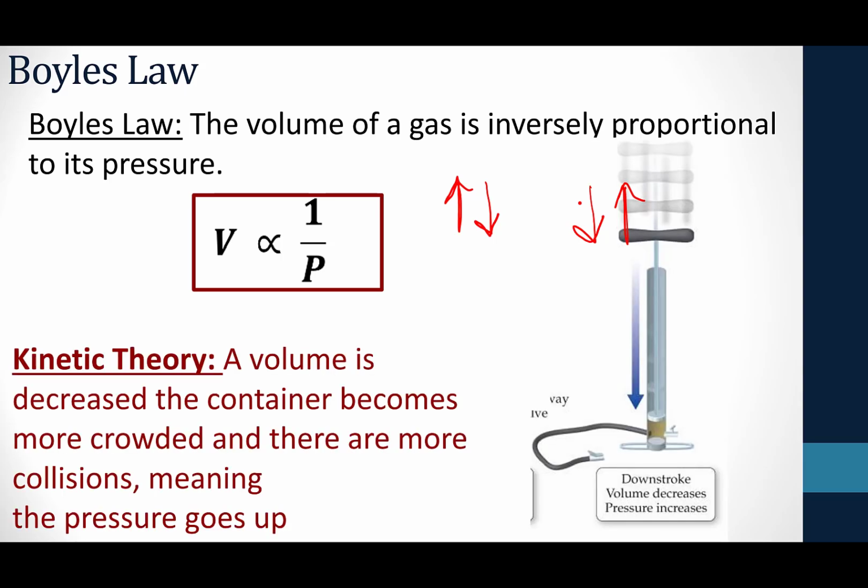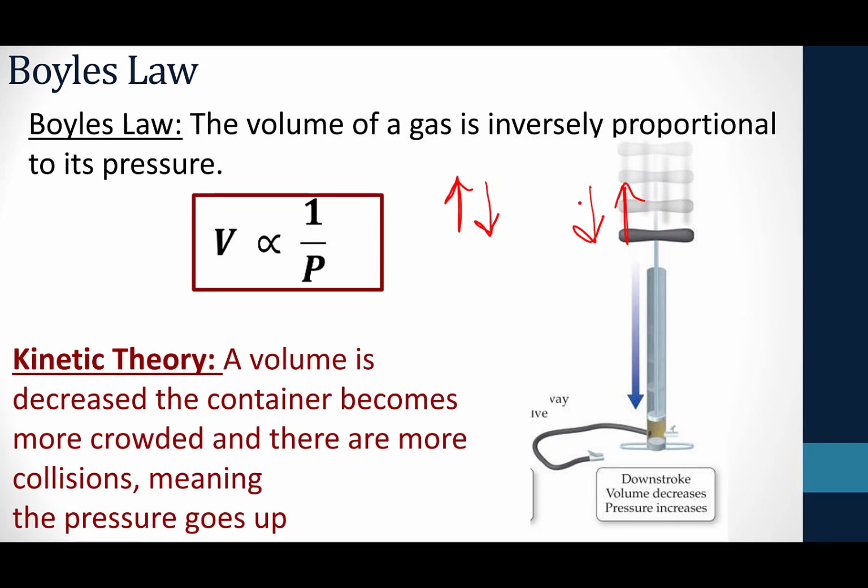Okay? So why? Remember I said I like to put the kinetic molecular theory towards the beginning of the chapter because I like to refer back to it. So here's where the kinetic molecular theory is helpful to explain what's going on. We're chemists, we want to know what the particles are doing.